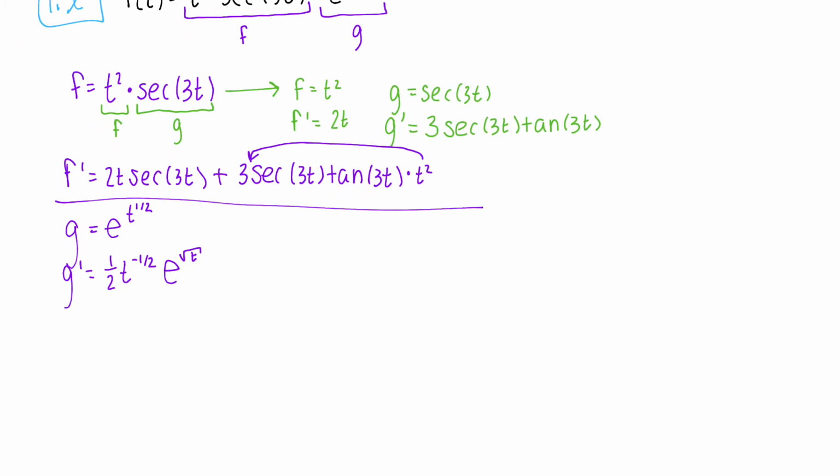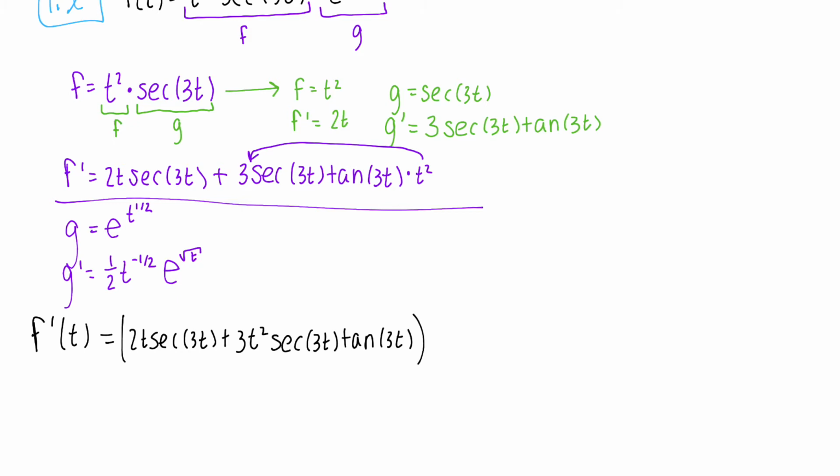So the derivative, f prime of t, looking at these guys now, f prime g plus g prime f. F prime, 2t secant 3t plus 3, and then I'm moving that t squared out front, 3t squared secant of 3t tangent 3t. So it's f prime.